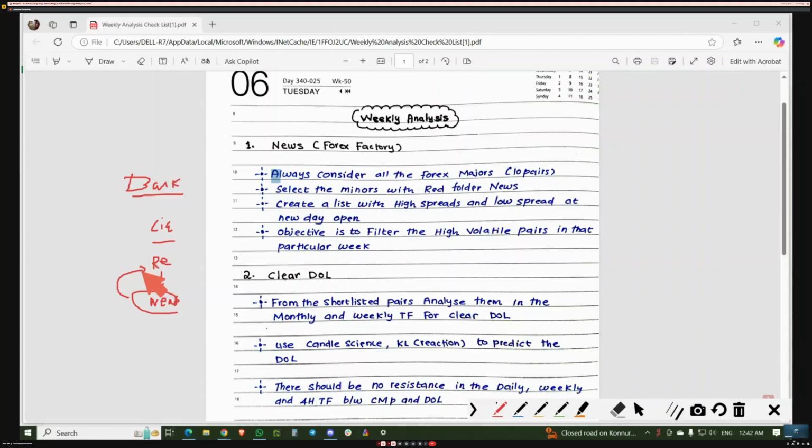For example, say some news is coming in favor of USD. People will think USD will fly high, so they go and buy before the news. At the time of news, the banks will first make a dip to collect all the stop losses from the retailers. Then it will move higher. This is how news reacts.